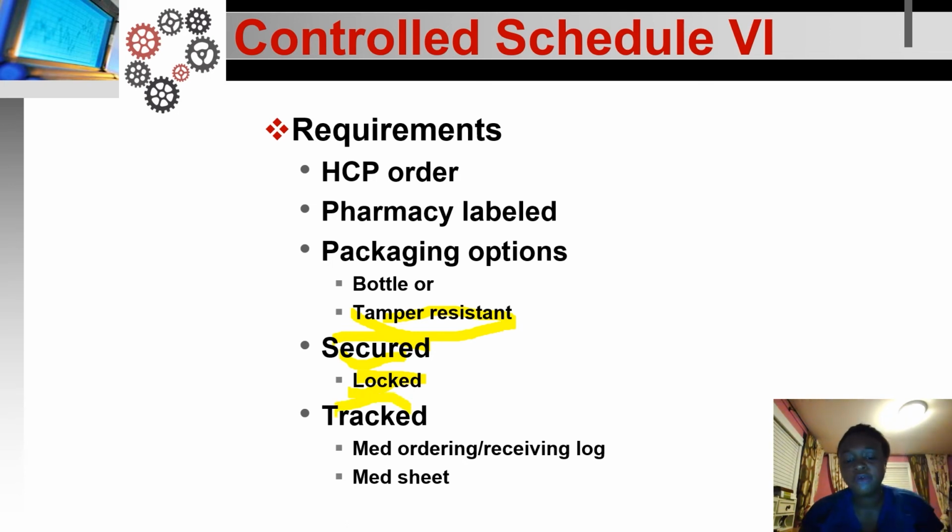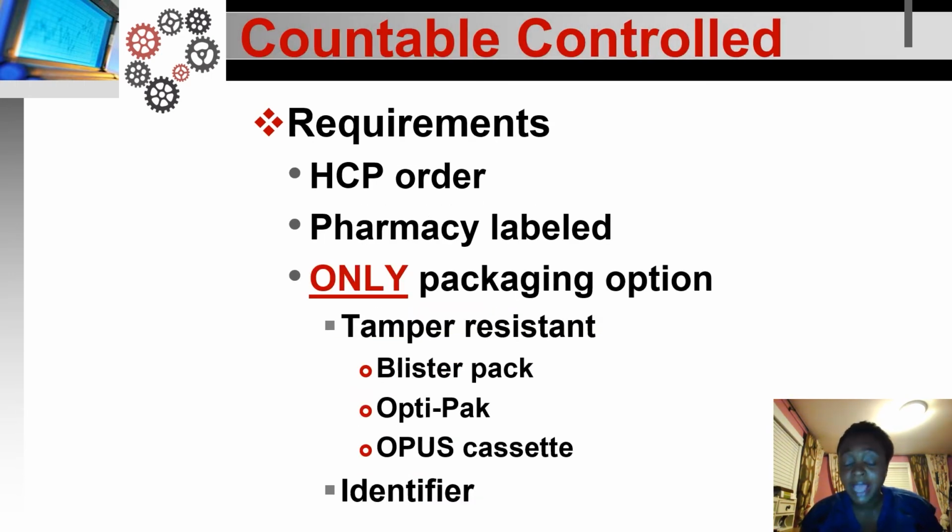We're going to go over all the tracking logs, so right now you don't have to worry about that too much. Now, countable controlled, meaning it's double locked. Again, you need a doctor's order, which you always need. You need a pharmacy label, which you always need. And then the only packaging option is tamper resistant, which all of them end up being anyway. Blister pack, and then you need the identifier.